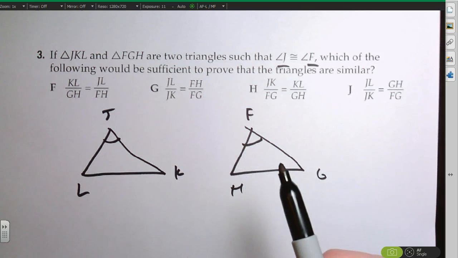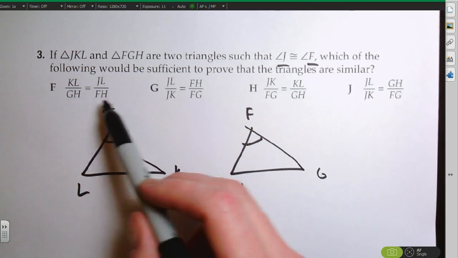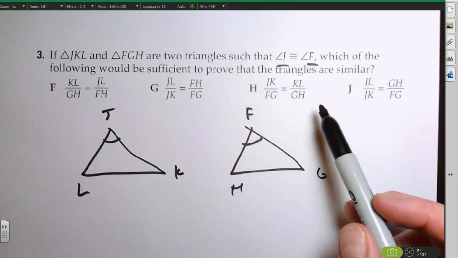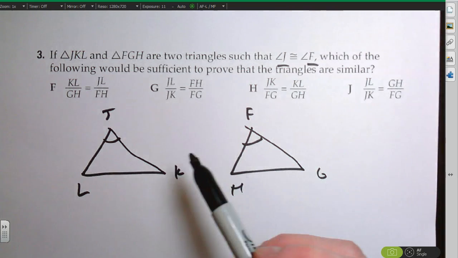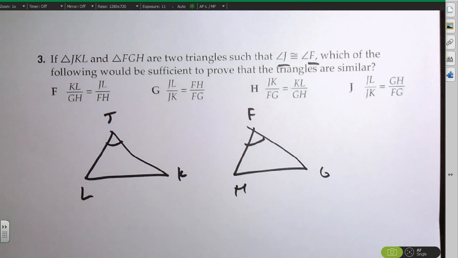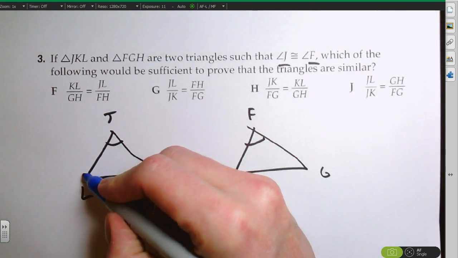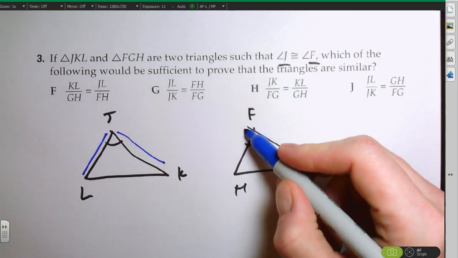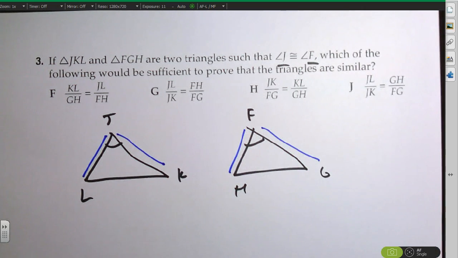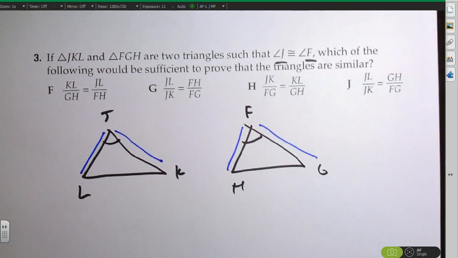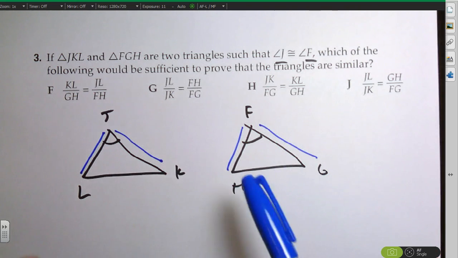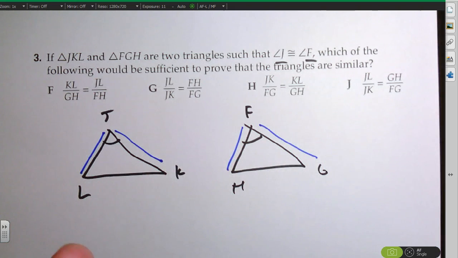Now here's the tricky part about this. I don't know any other angles, and it's only talking about sides being proportional. So what that means is I need to do side angle side. So I have to do something with these two sides here and here. So what I'm looking for is the one out of the four that shows me that those pairs of sides are proportional.